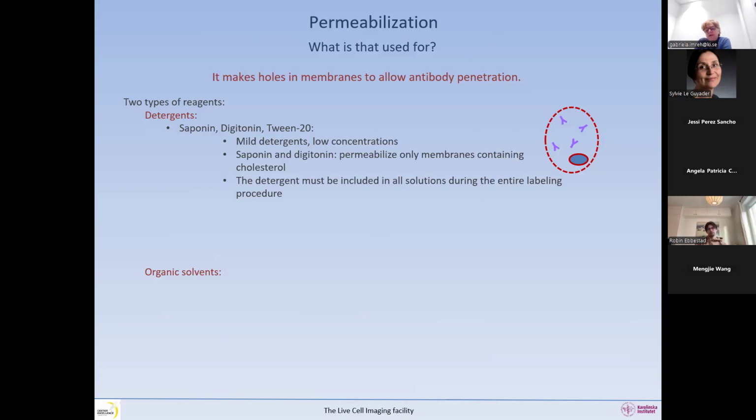And on top of that, the detergent has to be included in all solutions during the entire labeling procedure. But we also have Triton X-100 and NP-40, and these are harsher detergents, and they will permeabilize all membranes.